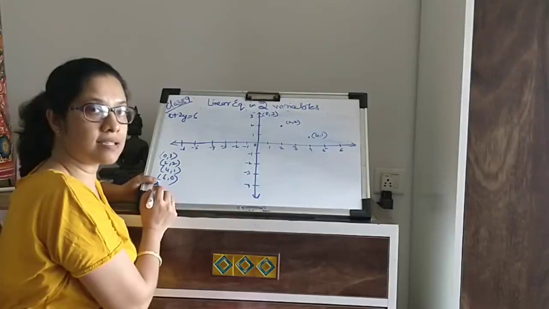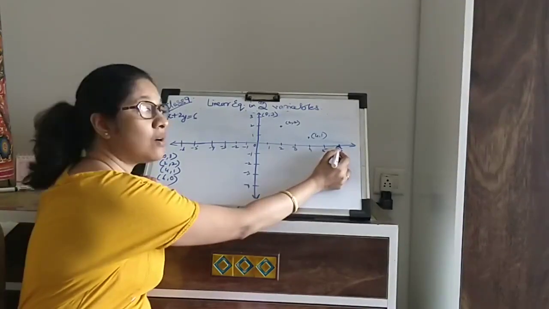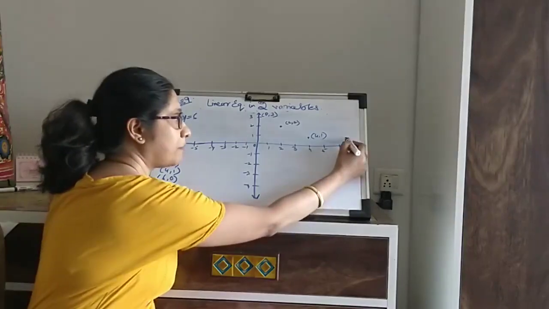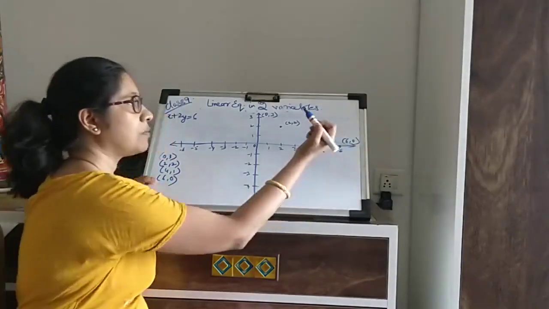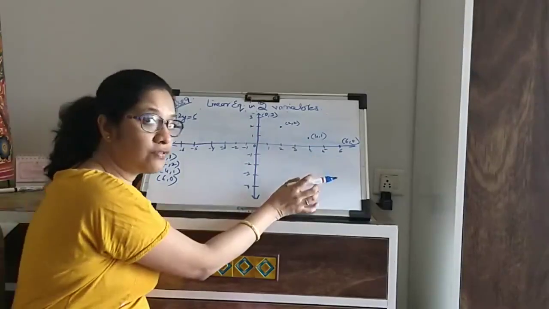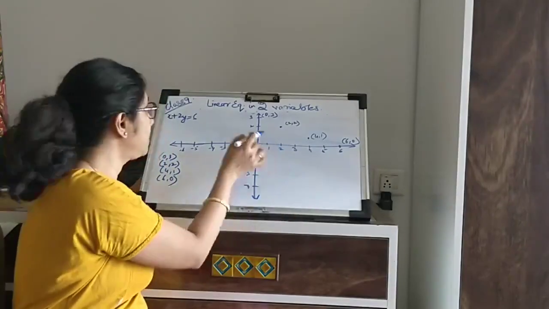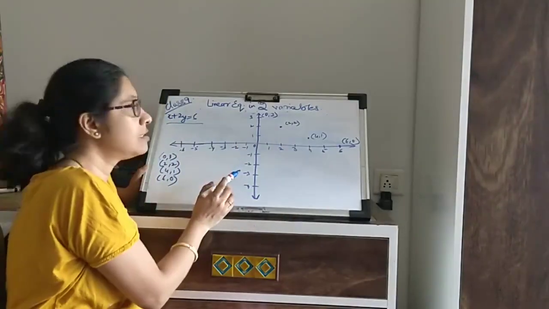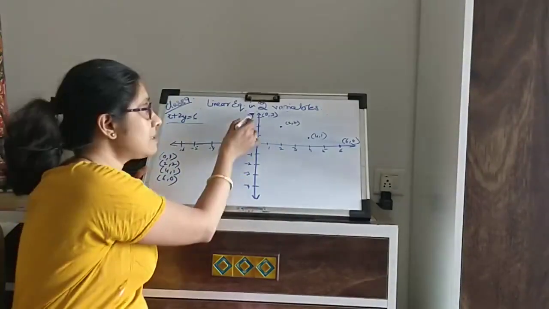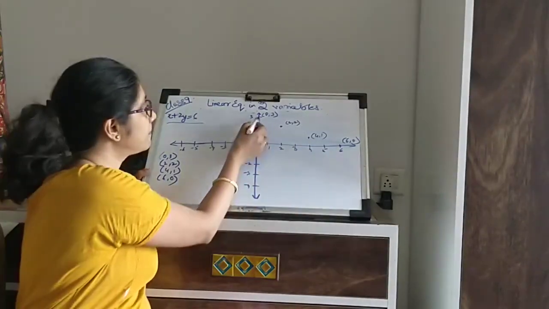And finally (6, 0). We have 6 on the x-axis and 0 on the y-axis, and hence this is the point that represents (6, 0). So we have got 4 points that would be lying on the structure that I'll make, that will be representing this equation. So what I need to do right now? Just join these points and see what kind of a figure I get.